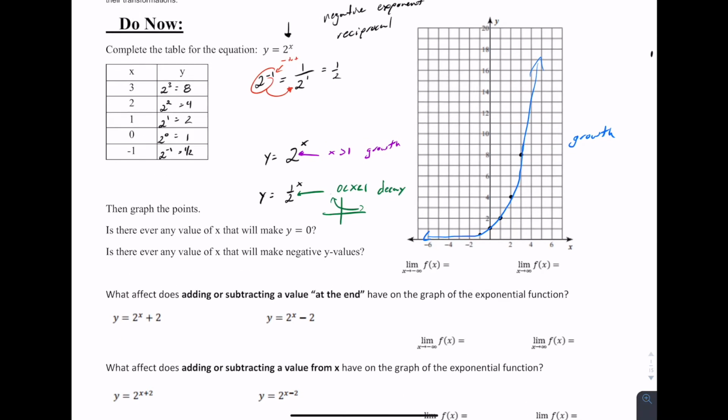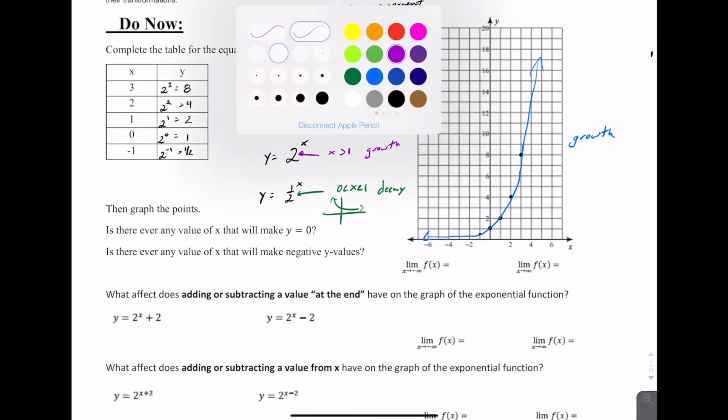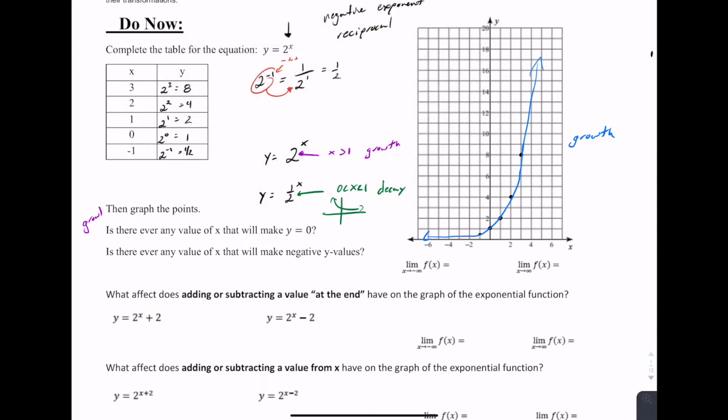So now let me talk some about the growth function. These are all questions about growth. Is there ever any value of x that will make y equal 0? No. There's nothing you can plug in to get 0. Is there ever any value of x that will make negative y values?